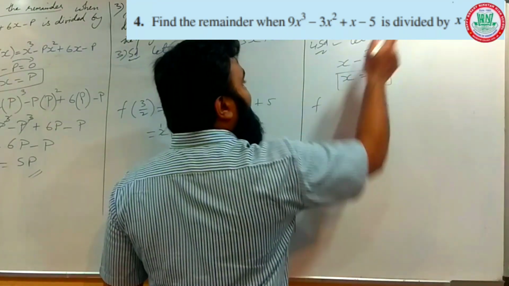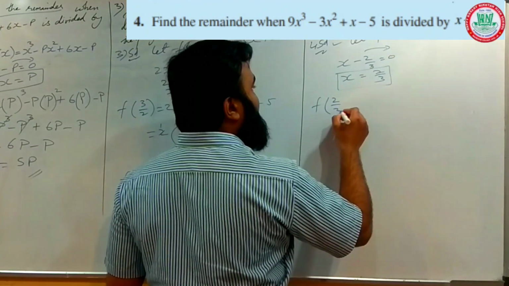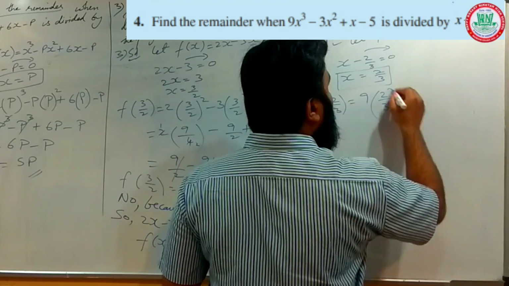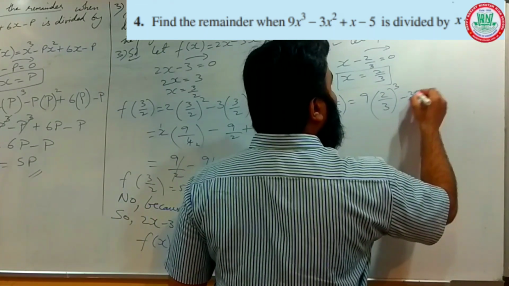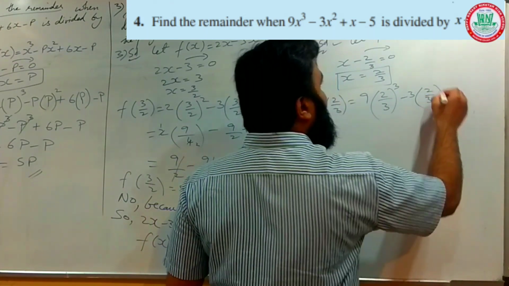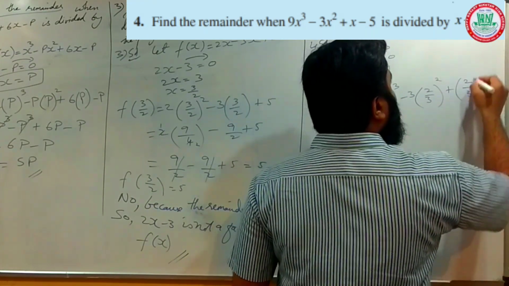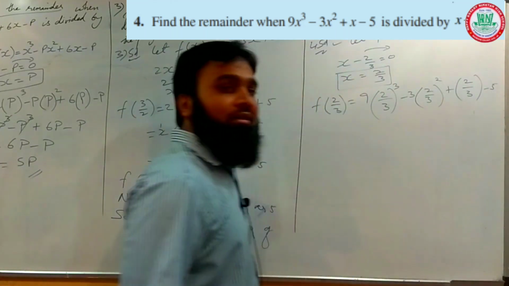f(2/3): wherever x is there, we put 2/3. It is equal to 9 × (2/3)³ − 3 × (2/3)² + 2/3 − 5.